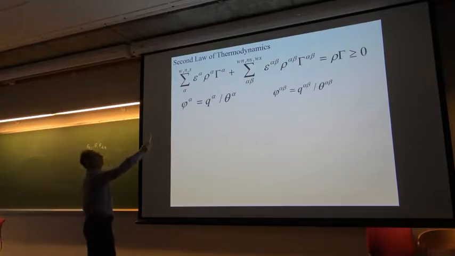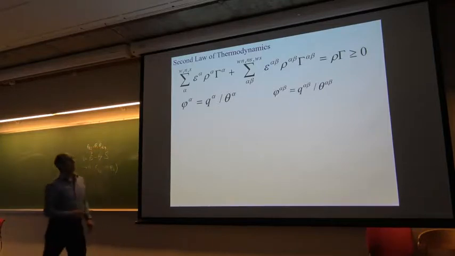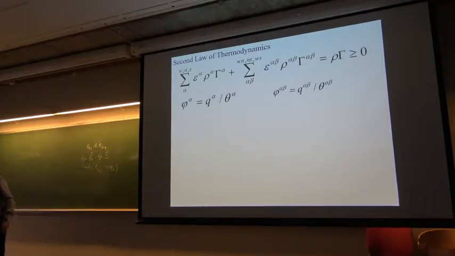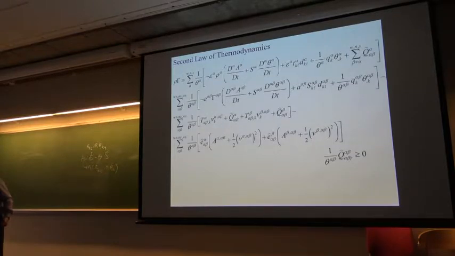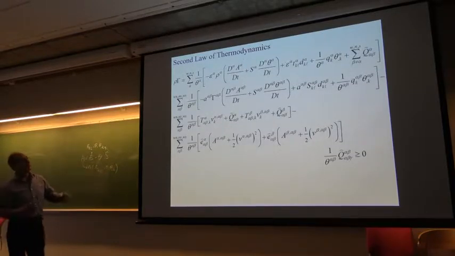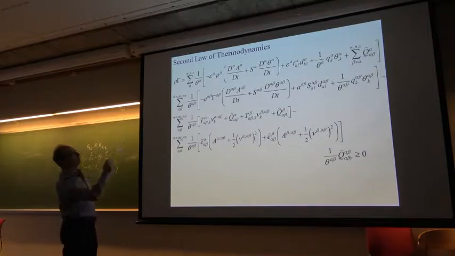And I also assume further that the flux of entropy is related to the flux of heat for both phases and interphases. The external supply of entropy is related to the external supply of energy. I define these Helmholtz free energy functions. And when I do that, the second law has these terms in it.